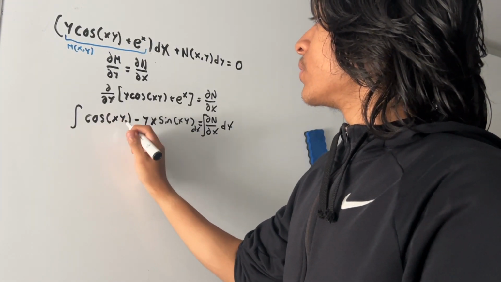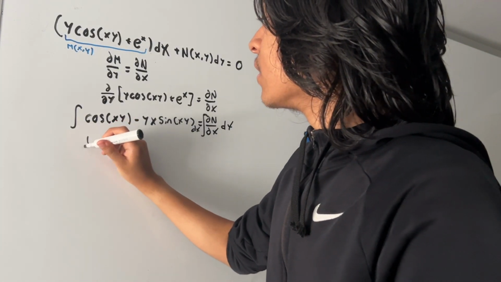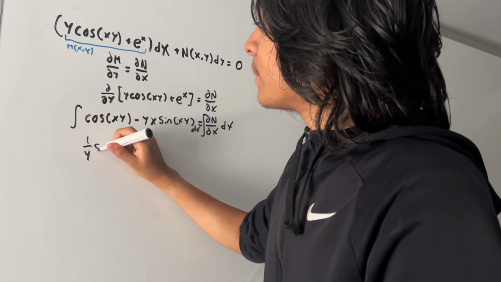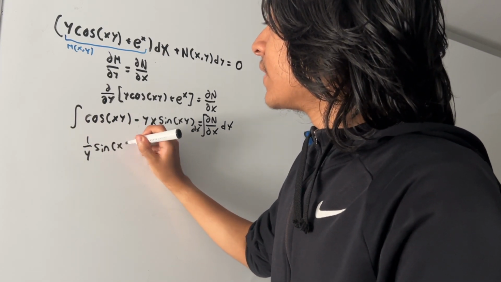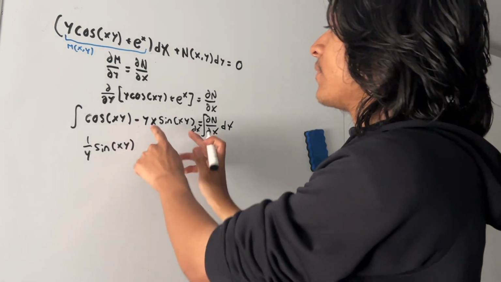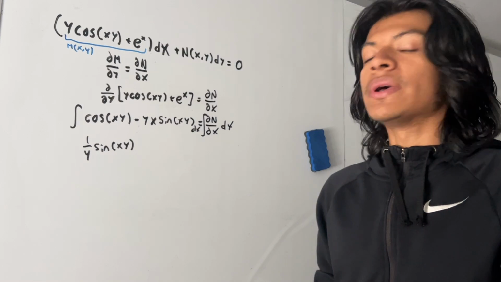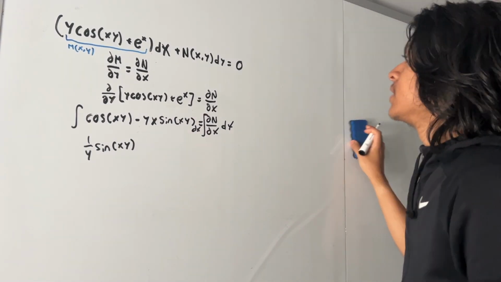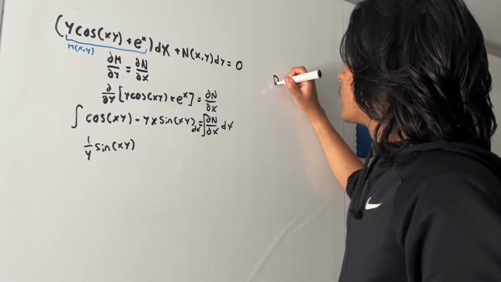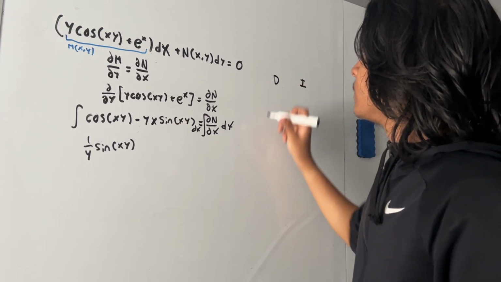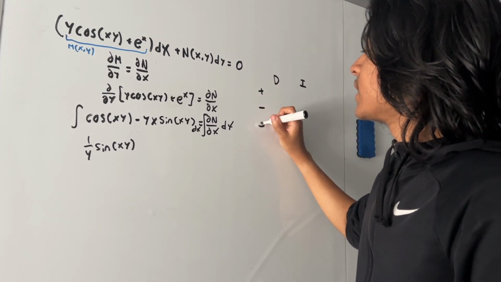The integral of cosine of x y is going to be 1 over y sine of x y. And then for this next part, we're going to have to do the tabular method, or integration by parts. So I'm going to do the tabular method, with signs plus, minus, plus.